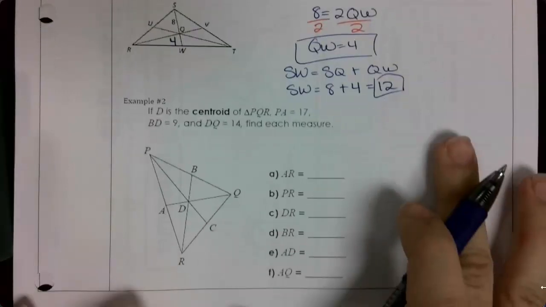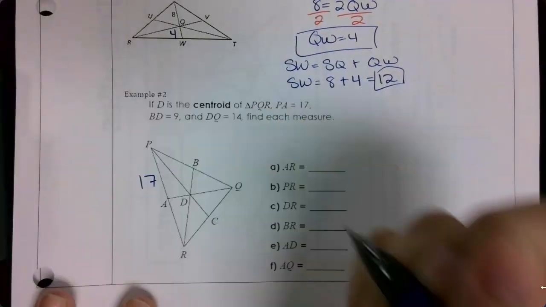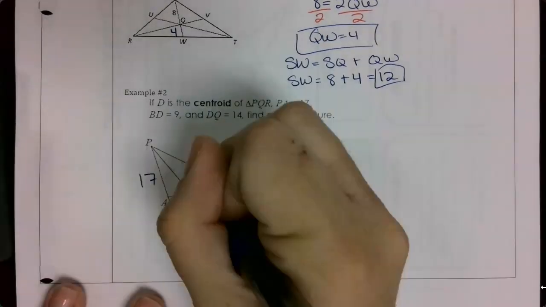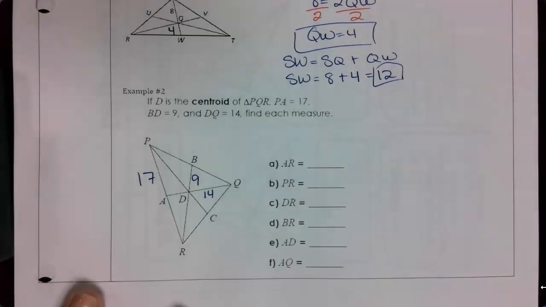Okay, my next one says, if D is the centroid of triangle PQR, PA is 17, BD is 9, DQ is 14. I need to find the length of each measure. So I have AR is the first one I'm looking for.